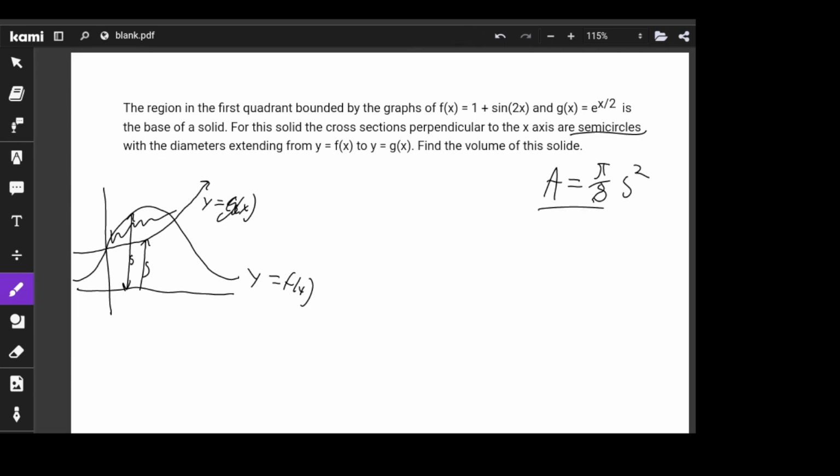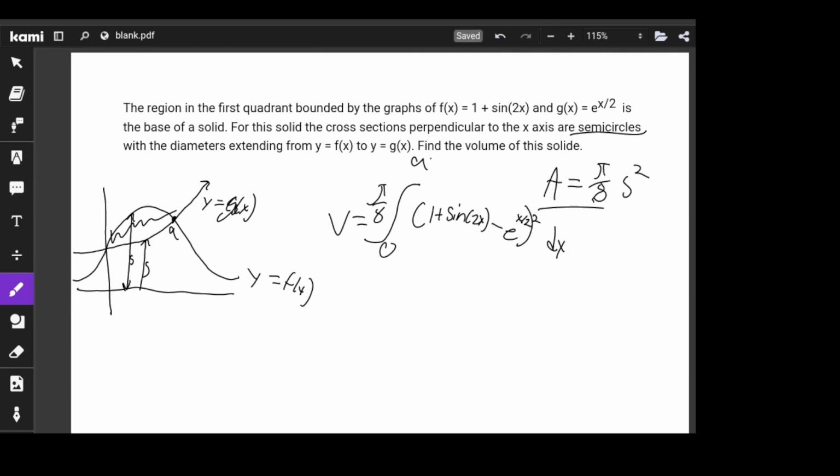So basically, the volume is going to be equal to the integral from 0 to the point of intersection here, A, which we can find using our calculator, of pi over 8, because the area is pi over 8 S squared, times 1 plus sine 2x minus e to the x divided by 2, squared, dx.